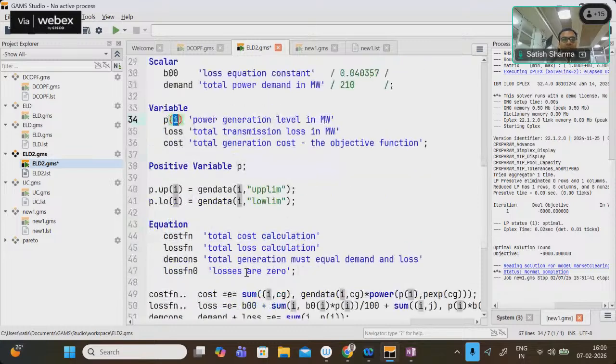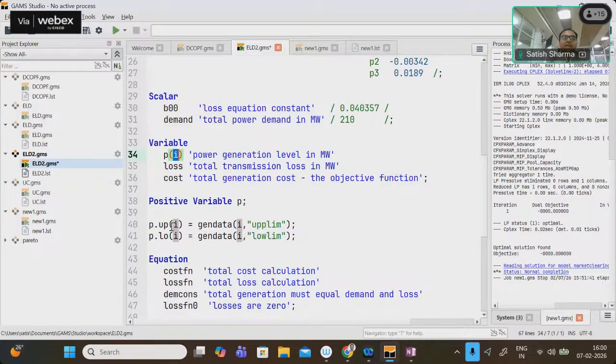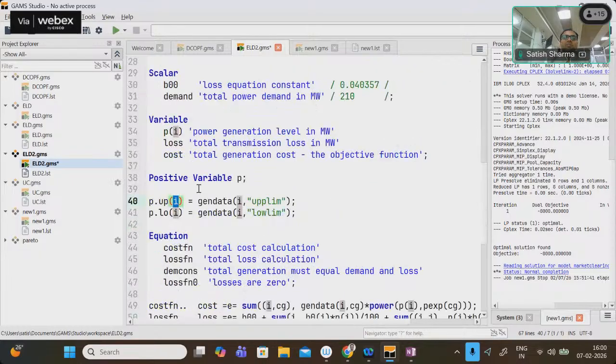That is perfectly fine. Now I can define the upper value for each and every generator like this: for the variable P, dot up is the upper value and dot low is our lower limit.